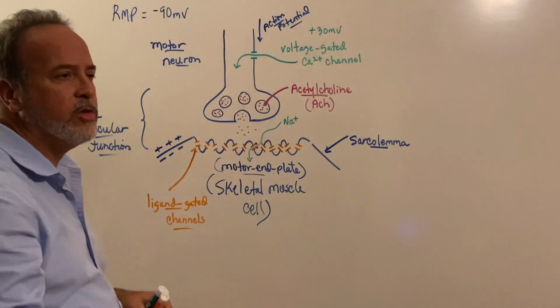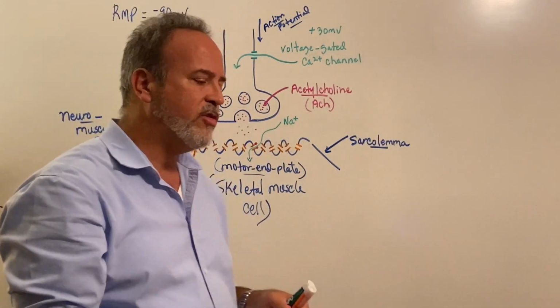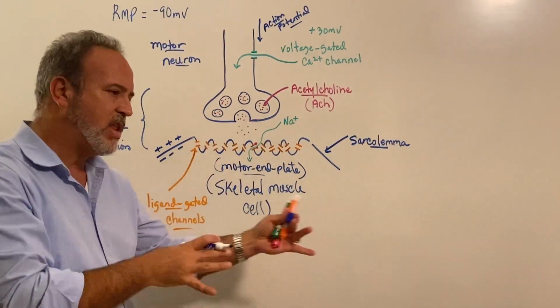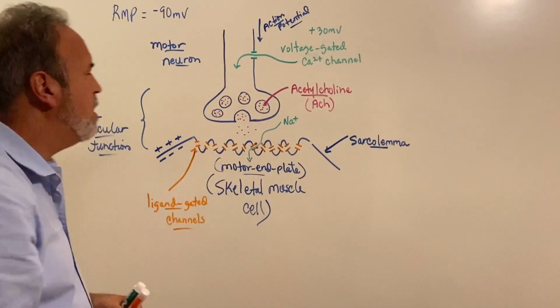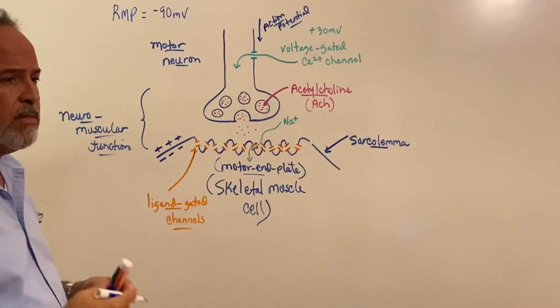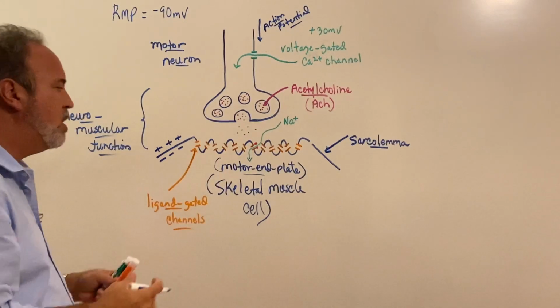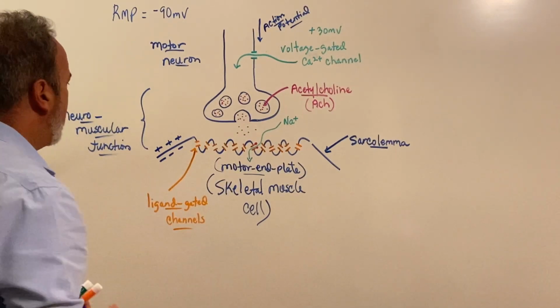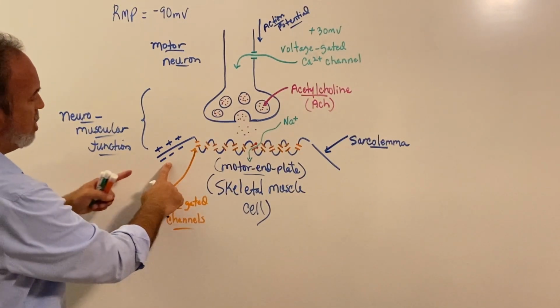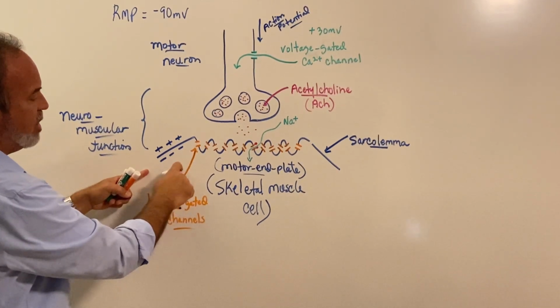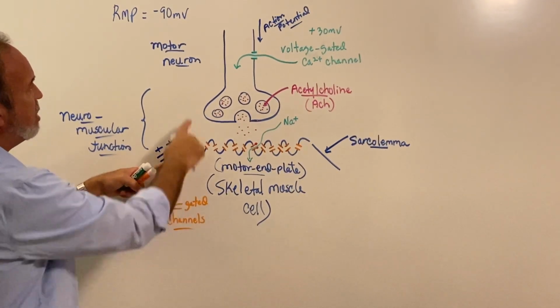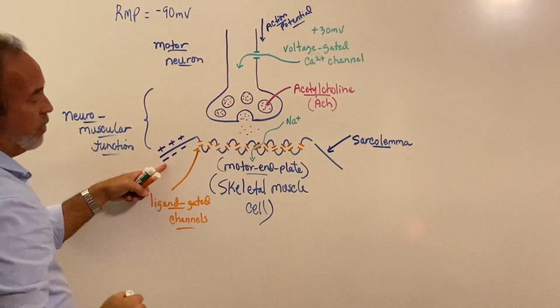I know in your book, in a lot of books, they would say like negative 80, negative 85, negative 95, you know, but negative 90 is the number that traditionally is used, okay? So basically, right here, if we record the voltage inside the cell, it's going to be reading negative 90 millivolts.